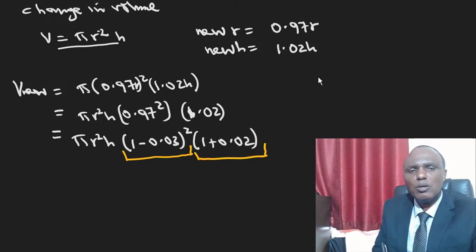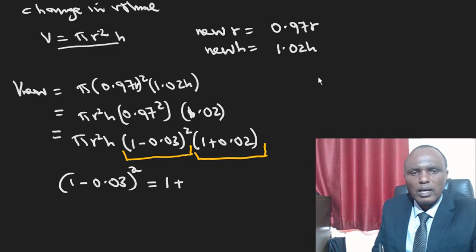So let us move on. We want to square 1 minus 0.03 using binomial theorem. This one is approximate. We use the formula we have developed above: we get 1 plus nx, where n is 2 and x is negative 0.03.